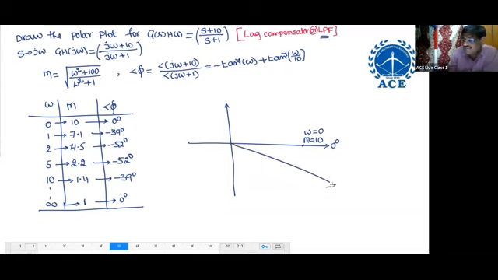So draw a line of minus 39 degrees, on which the magnitude is 7.1. Next, omega 2, minus 52 degrees, on which the magnitude is 4.5.